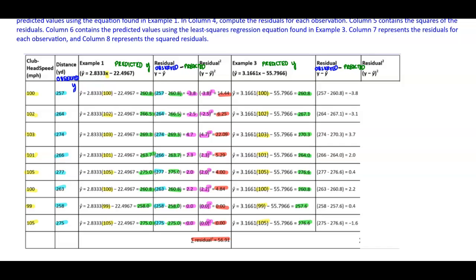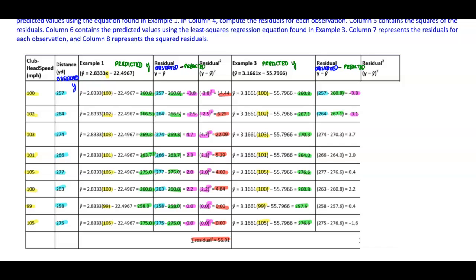Recall that the observed value is in the second column, which is 257, and then we're subtracting the predicted value of example 3 to give us a residual of negative 3.8. Similarly, we're going to take the observed y value of 264, subtract the predicted value of equation 3, 267.1, to get a residual of negative 3.1.